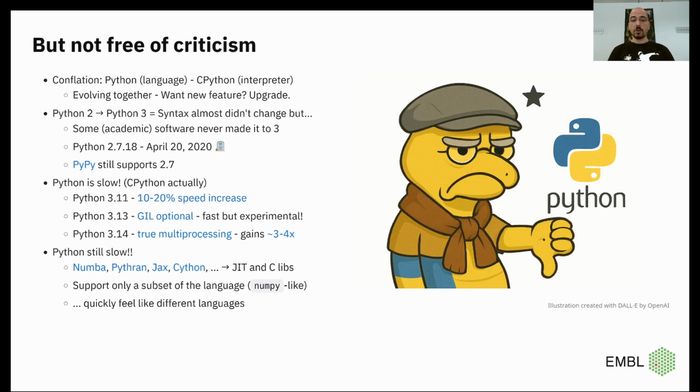Many of these only implement a subset of numeric or NumPy-like interfaces. But one of the downsides is that if you want to have the experience of Python as a language, when you start using these tools, you quickly feel like you might be using a different language, because either the syntax is different or the way the interfaces work are quite distinct as well. And I'll get more on this in a bit.